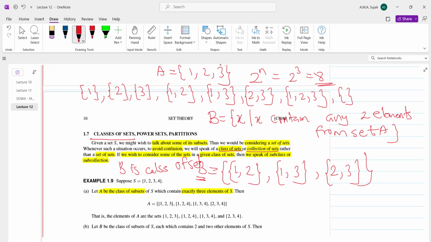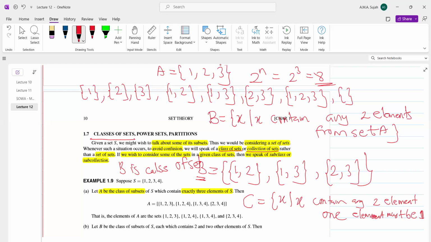So class of sets or collection of sets means you are creating elements of an existing set by using some conditions, right? Now, maybe sometimes you are creating another set C such that X is an element, X contains any two elements. Among these two elements, one element must be 1, right?